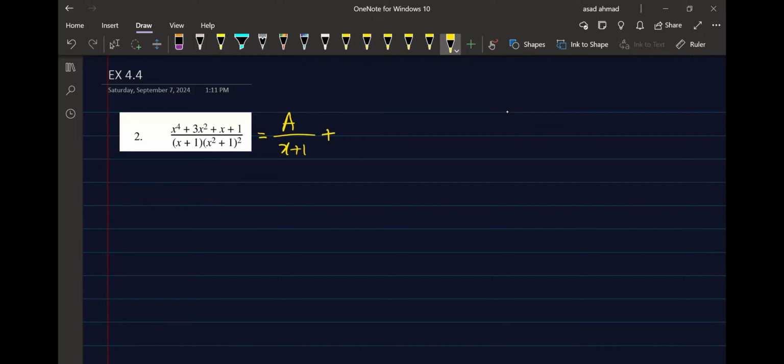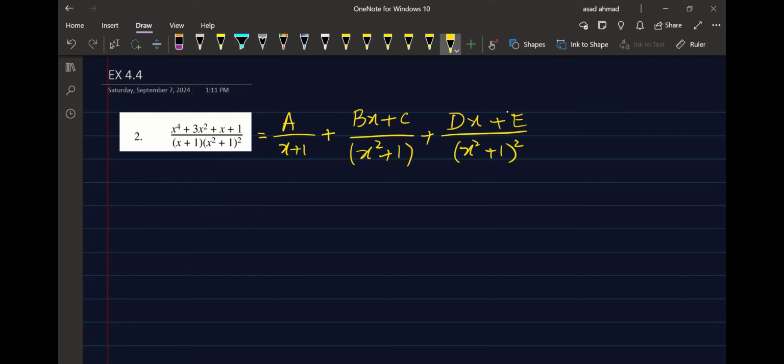For the quadratic, we would write bx plus c divided by x square plus 1. Then we would write dx plus e divided by x square plus 1 whole square.